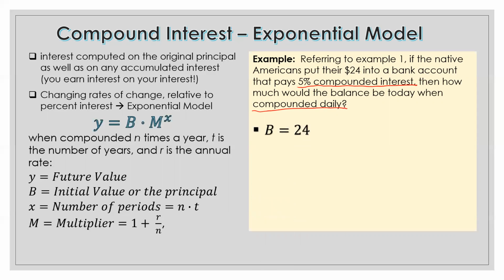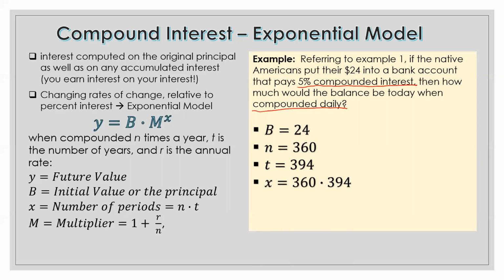So B, the principal or initial value, is still 24. n is 360 because it's compounded daily. T is still that 394 years, from 16 whatever to 2020.